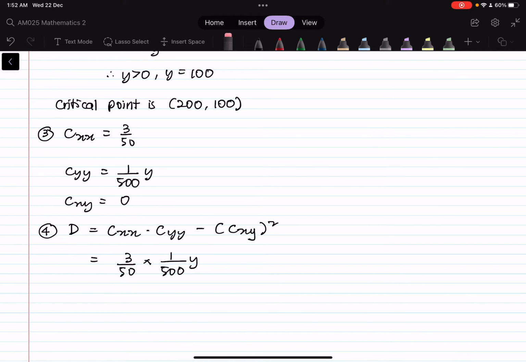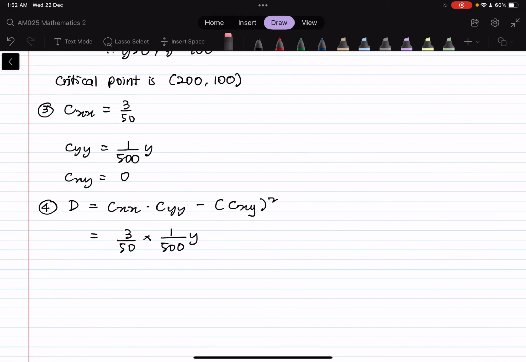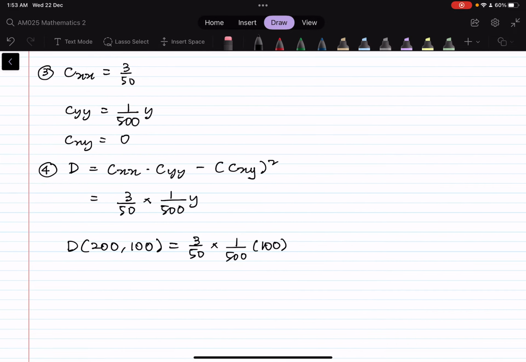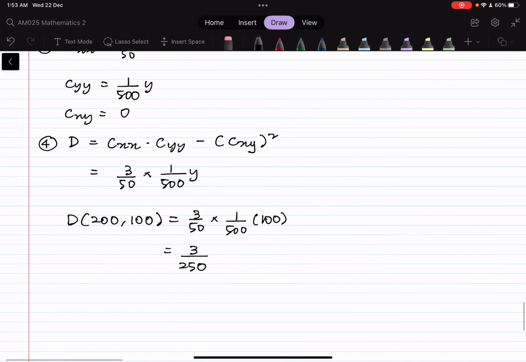Now we substitute our point (200, 100) into D. So 3 over 50 times 1 over 500 times 100. What we get here is 3 over 250, which is greater than 0.